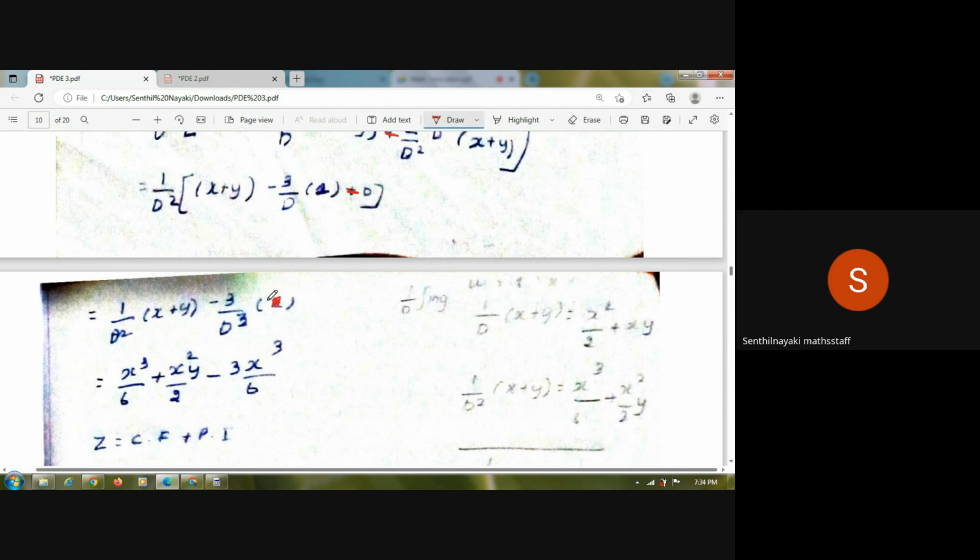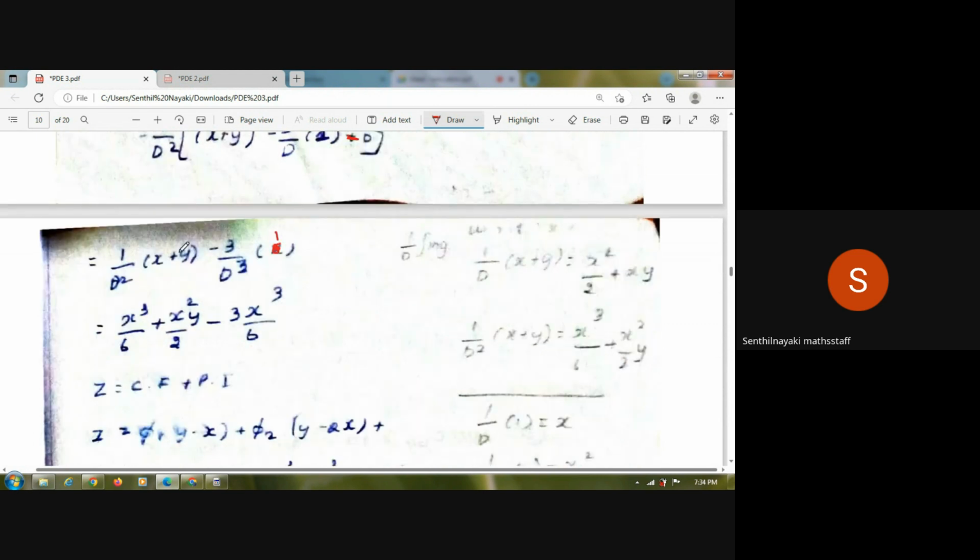This is not x, only 1 is there. So if you integrate 2 times, first time integration we get x, second time x^2 by 2. Similarly here we have to integrate 3 times, then first time x, second time x^2 by 2, third time x^3 by 3, 3 into 2 is 6. So we get 3x^3 by 6.